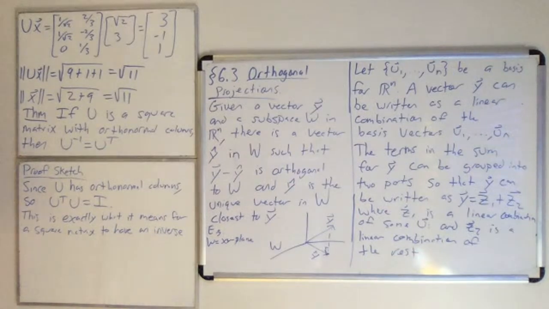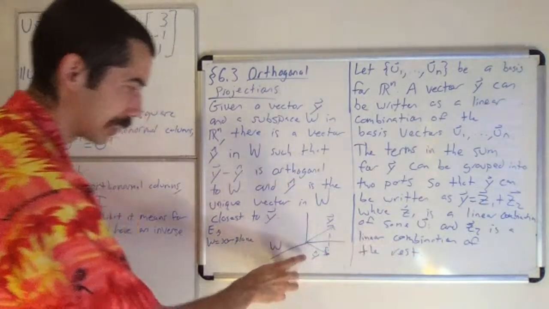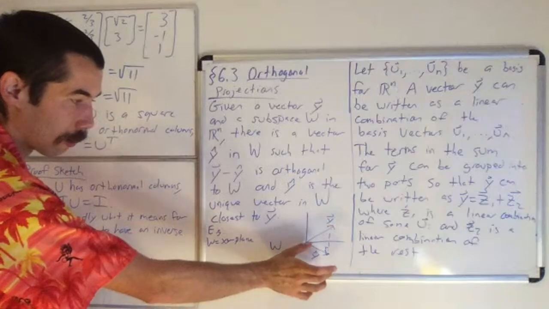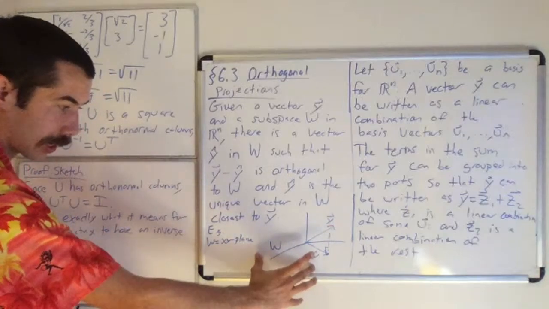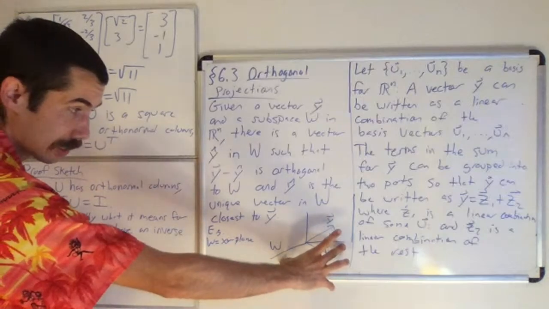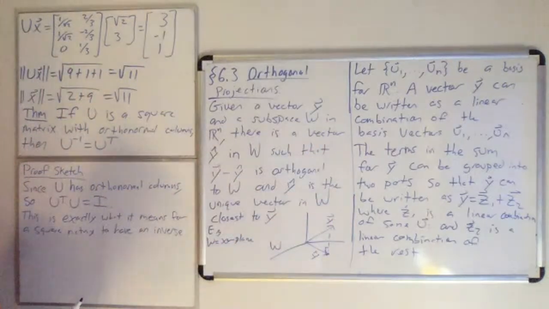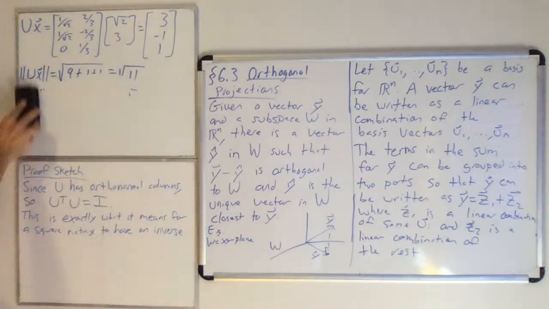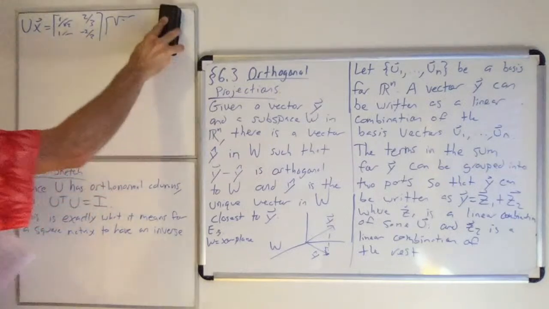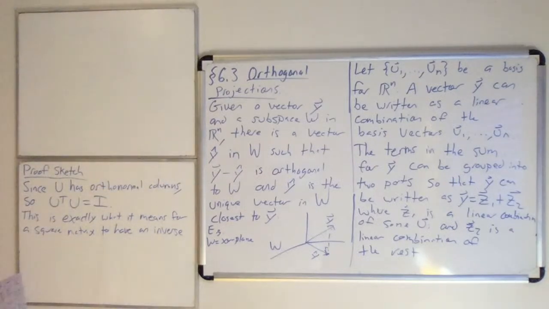Okay, so the big idea here, again, I know it seems like a lot, is we're going to take a vector y and try to write it as a sum of some vector in our subspace plus a vector orthogonal to the subspace. I have one more sentence, and then we'll get to an example.